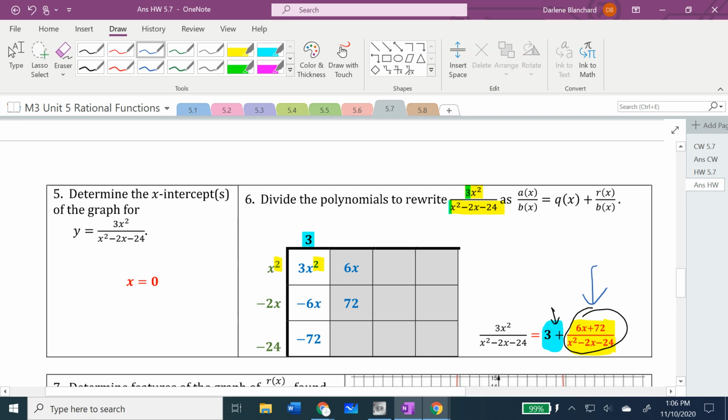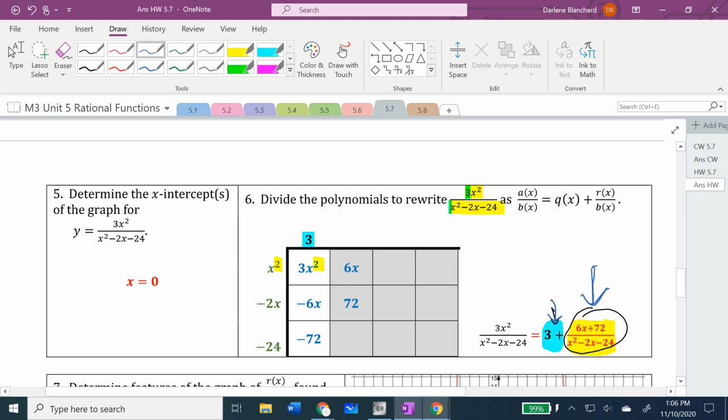It's fascinating to look at these and to look at what you can get out of these. So just be aware that anytime you're able to do the long division, the quotient is basically an asymptotic graph. That is, if you have a remainder. If you don't have a remainder, then that quotient is your graph.